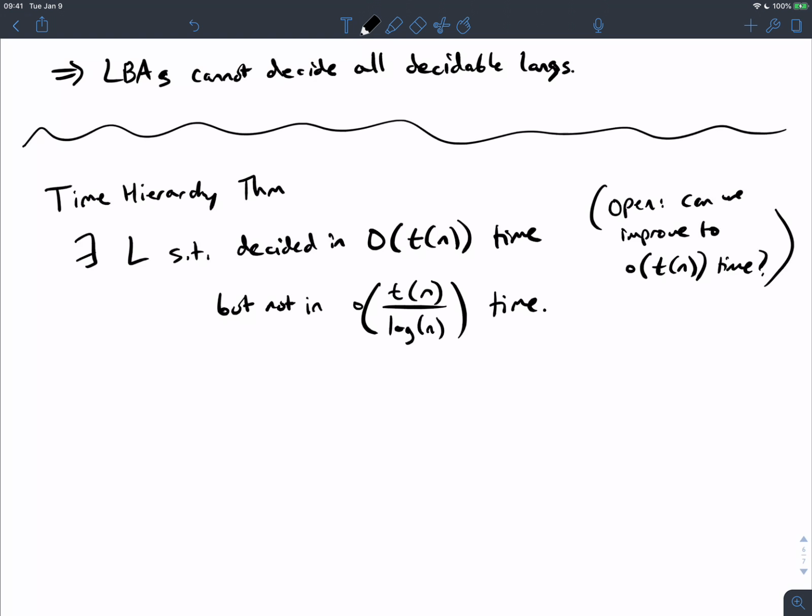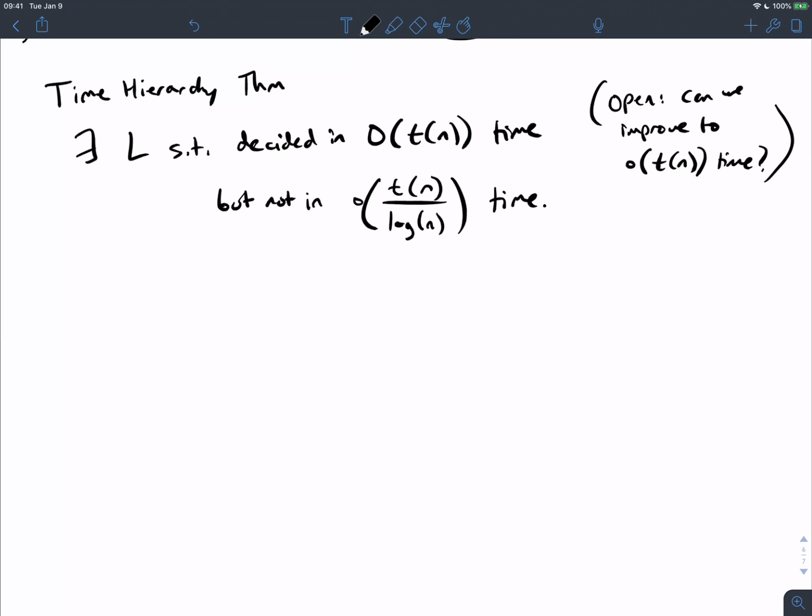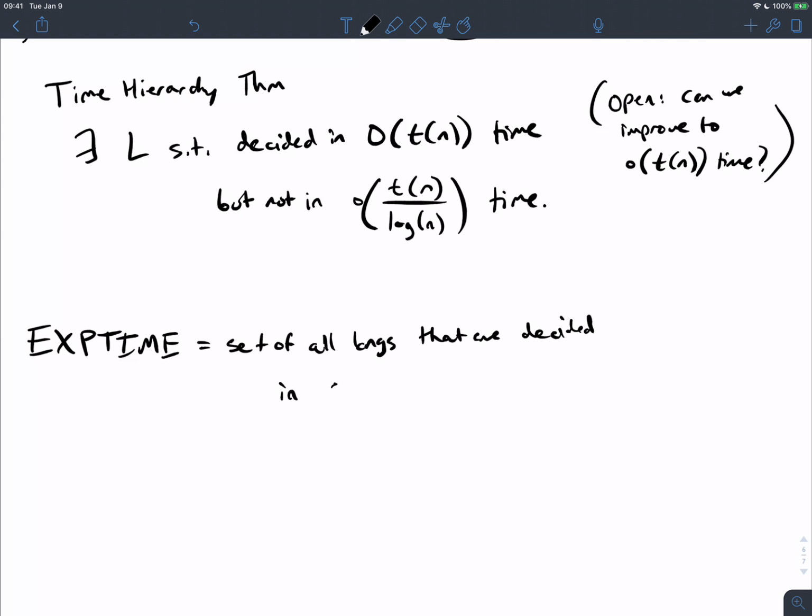Cool. Any questions on that? Cool. So I want to talk about one class of languages, and then we'll see why I'm asking about this. Let's define EXPTIME to be the set of all languages that are decided in 2 to the n to the k time for all k.